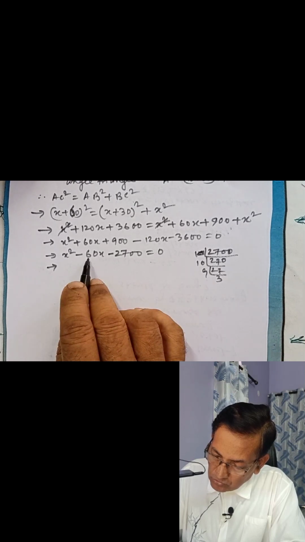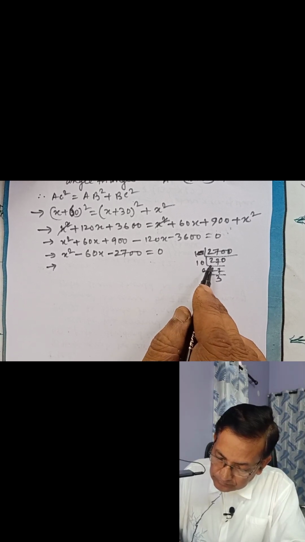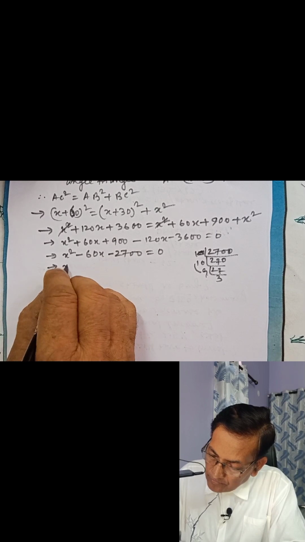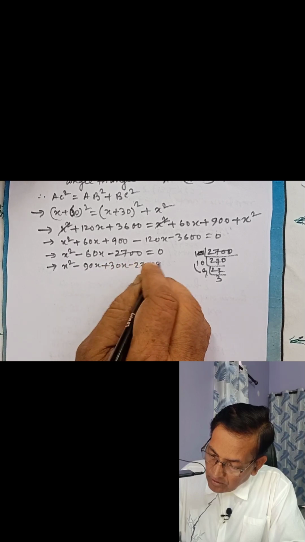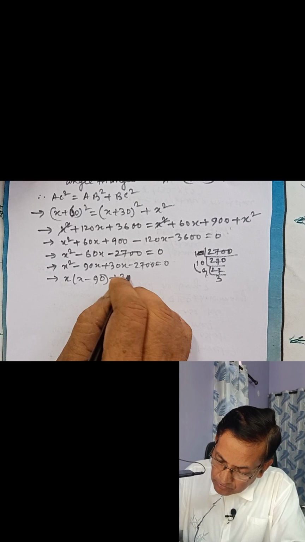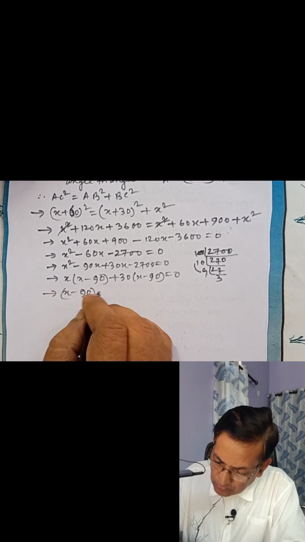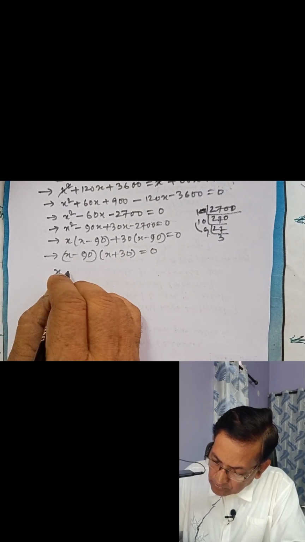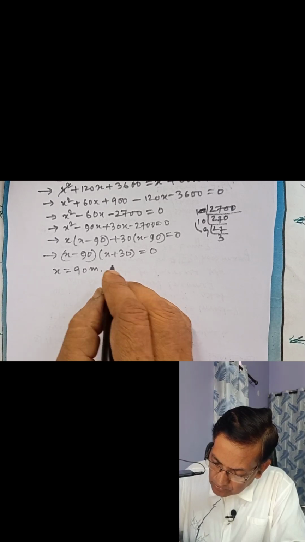Then 60. Ninety, 30. x square minus 90x plus 30x minus 2700 is equal to 0. x common, x minus 90, plus 30 common, x minus 90 is equal to 0. (x minus 90) into (x plus 30) is equal to 0. x is equal to 90 meters.